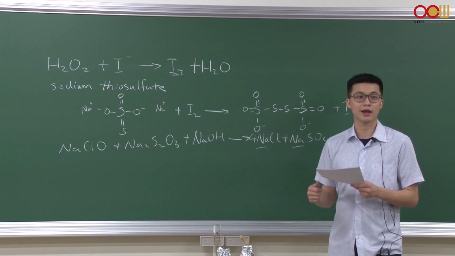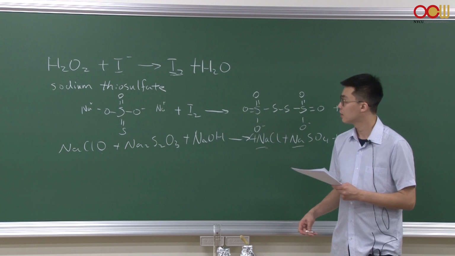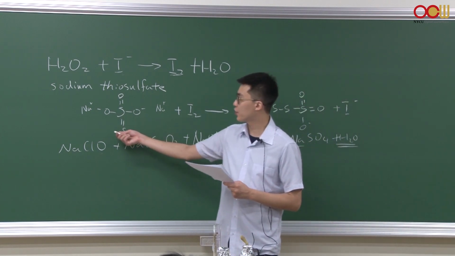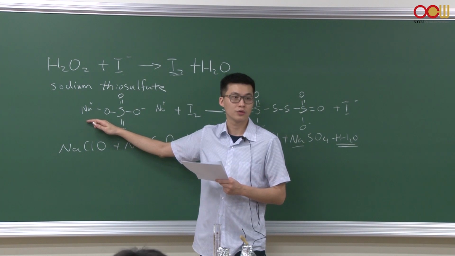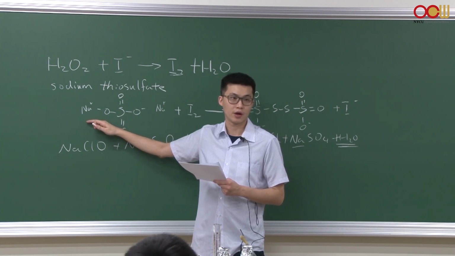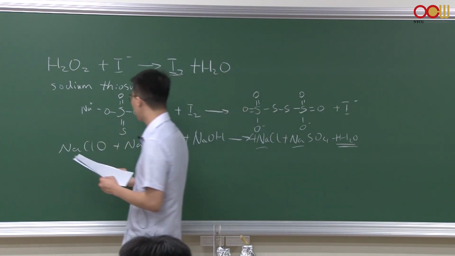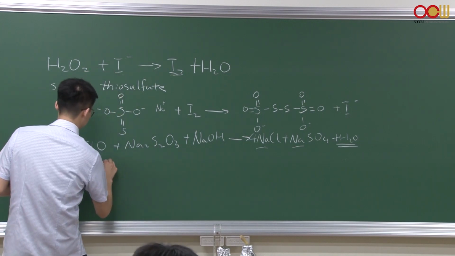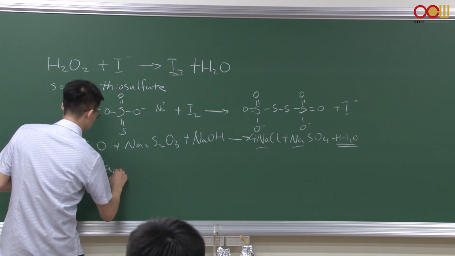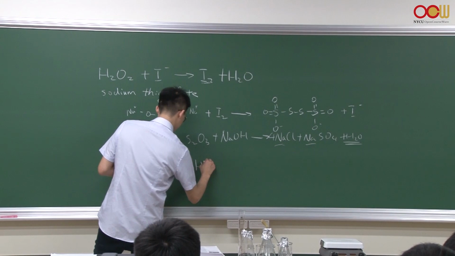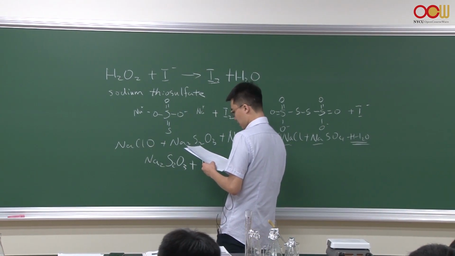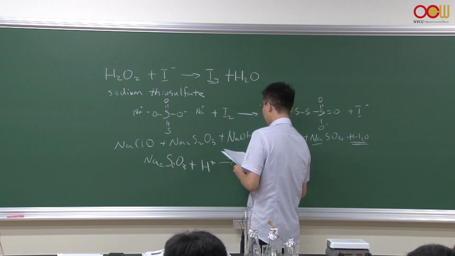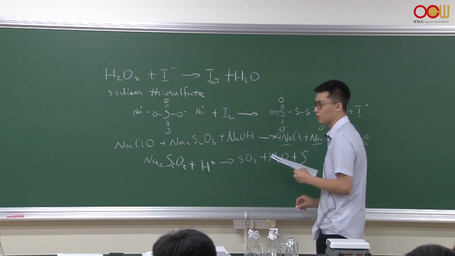Why do we want to add a buffer solution to the system? This is because under acidic condition, sodium thiosulfate will degrade. It will react with acid and form a very toxic gas and sulfur.